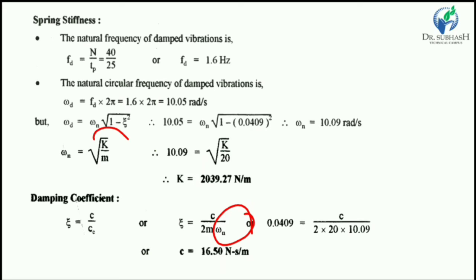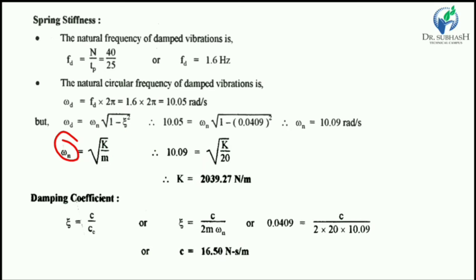But k is not given in this example. So first we have to find out the stiffness of the spring. If we know the values of omega n and m, then we can find the stiffness.